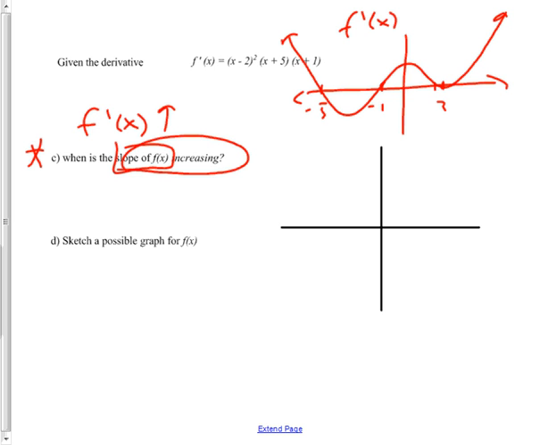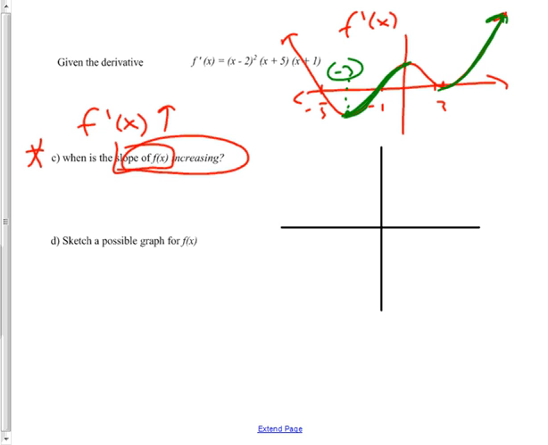Well, f prime of x is increasing. Graphically, let's show it. It's increasing during the green sections. That's when it's getting bigger and bigger and bigger. That's when it's going up, left to right. So there are my signs of it increasing. So what are those values? Well, estimating it roughly, this is between -5 and -1, -3.